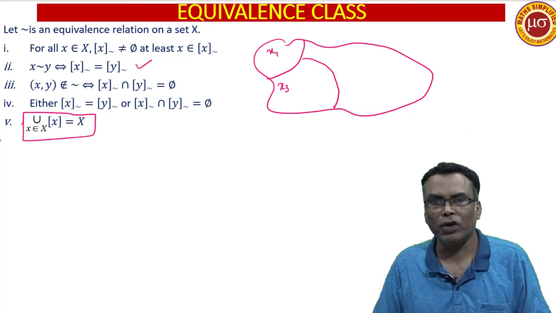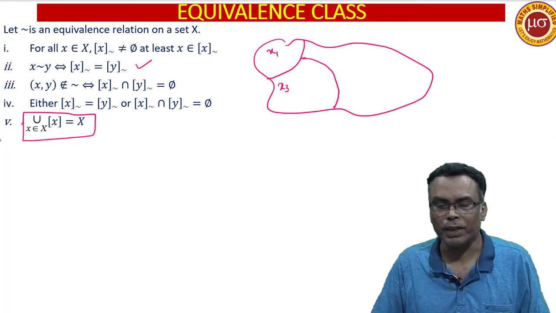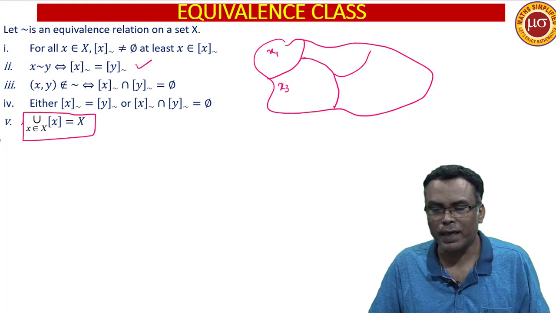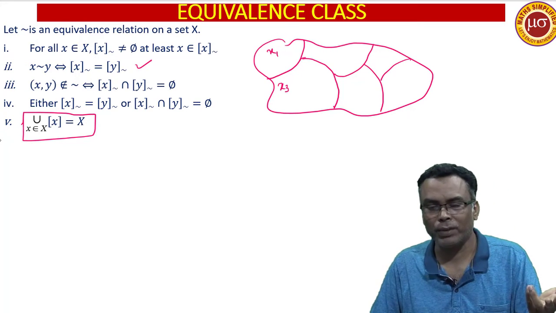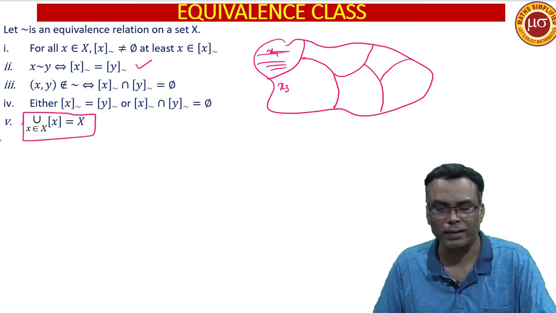If two elements are not related, they have disjoint equivalence classes. So all elements have some equivalence class; some are in the same equivalence class and some are in disjoint equivalence classes.